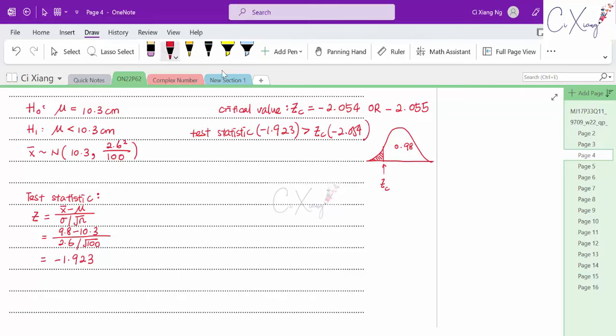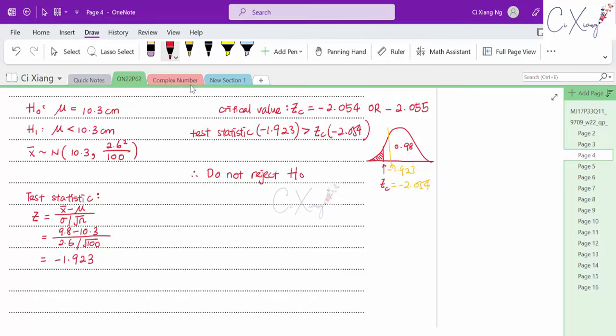Or if you look at the diagram, this one is negative 2.054, and negative 1.923 falls under the acceptance region. So we know that we should accept the null hypothesis, where our conclusion and decision should be do not reject the null hypothesis.